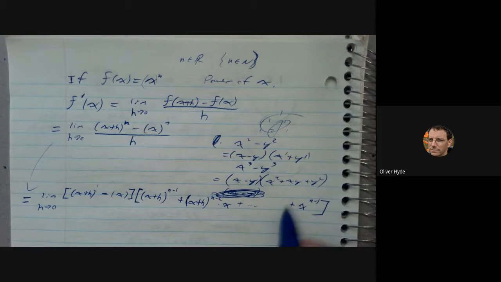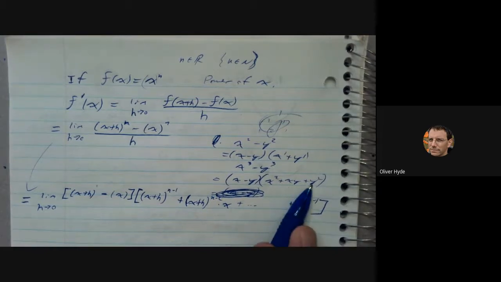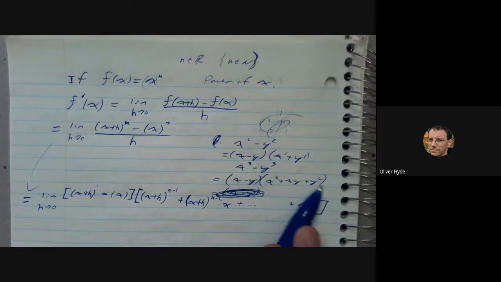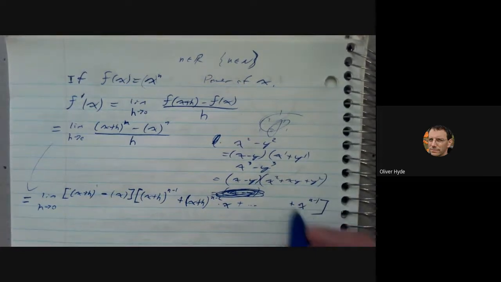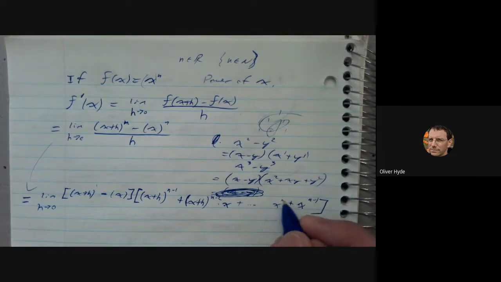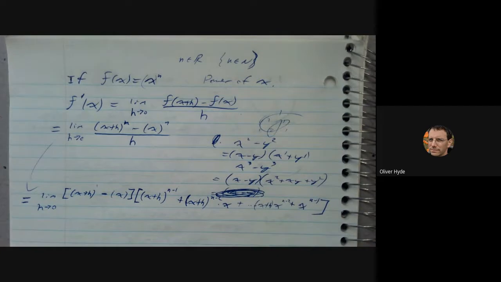And before the y squared term, I had an expression with 1 more power of x and 1 less power of y. Let's have 1 less power of this, x to the exponent n minus 2. And then right here we would have an x plus h to the exponent 1.